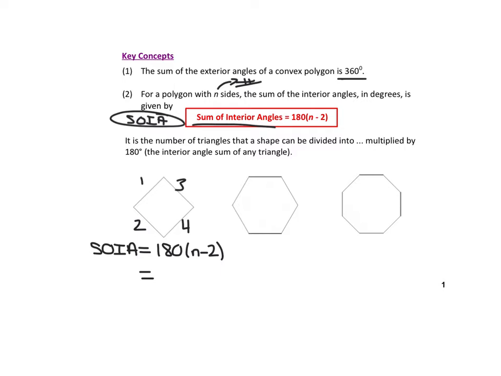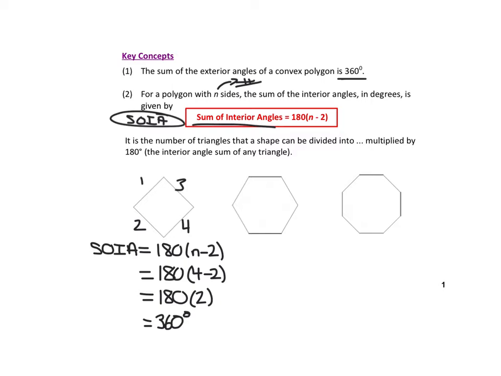And again, we're replacing that value of n with 4 sides. So if we go 4 minus 2, we end up getting 2. So we find out that the sum of the interior angles of this particular shape adds up to 360 degrees. And then typically we'll use that value to solve for other components. Okay, so if we continue on, we'll do a couple more examples here.